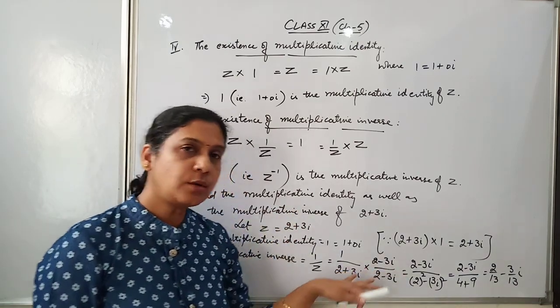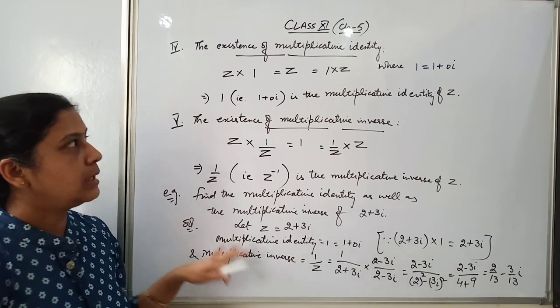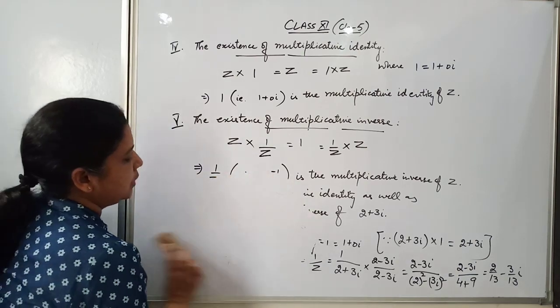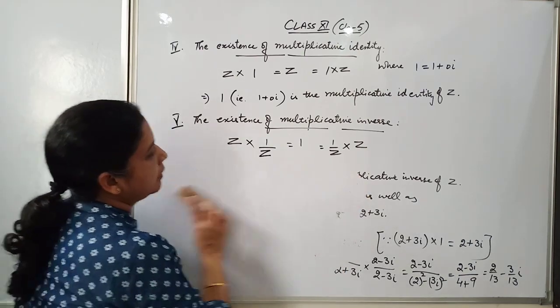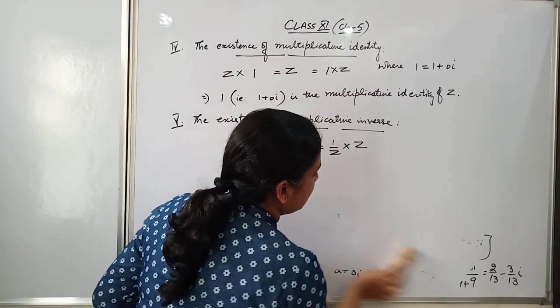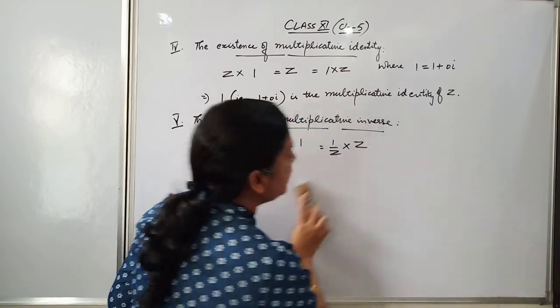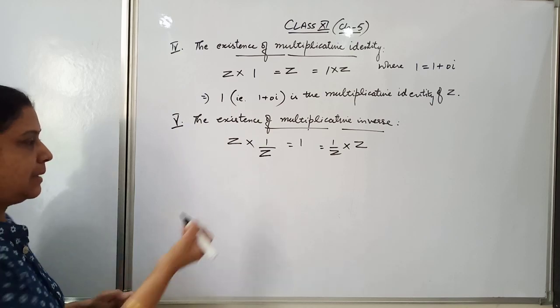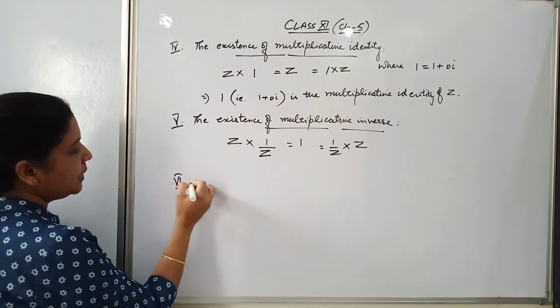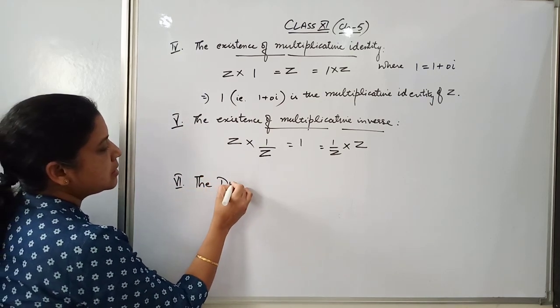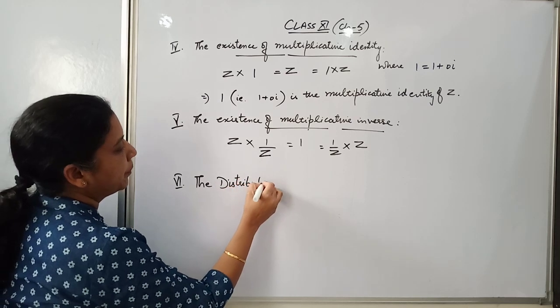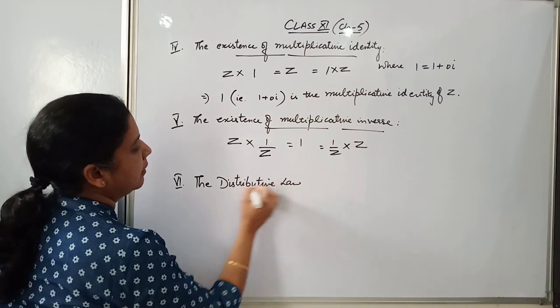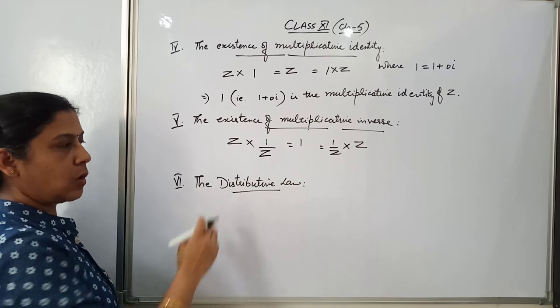So the properties do not end over here. The last property is the distributive law. Now we have done the properties of multiplication as well as addition. So we are ready to do the distributive law.